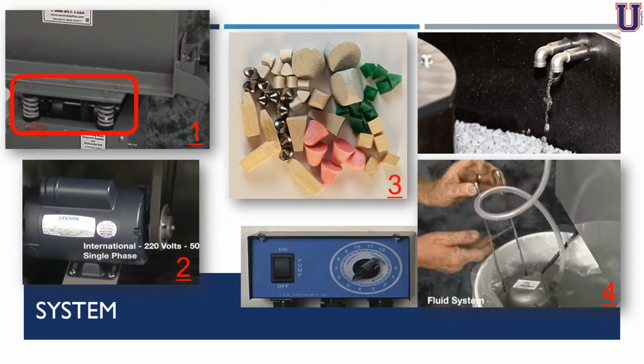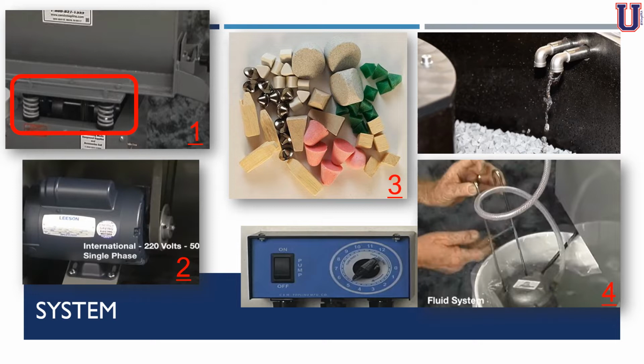Now we can see the components included in a machine to carry out this vibratory process. The first one is the strong container with thick springs that allow it to move, causing the mix. The second one is a motor to provide the movement to the container.